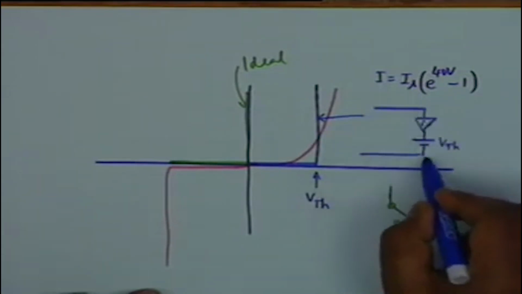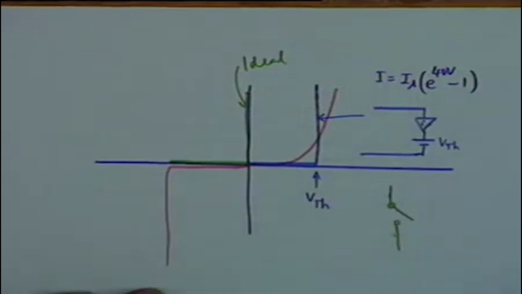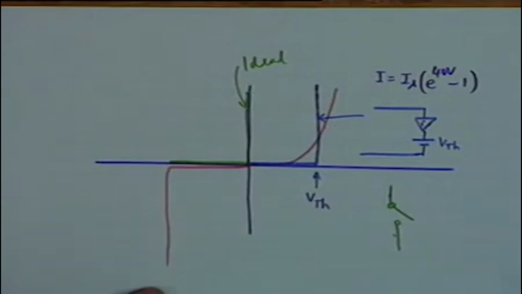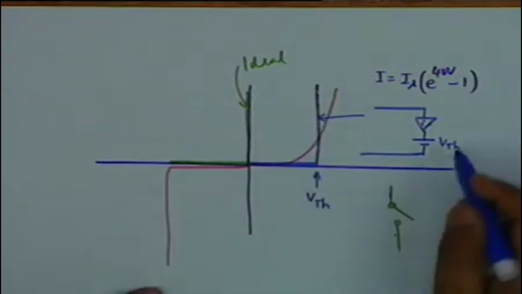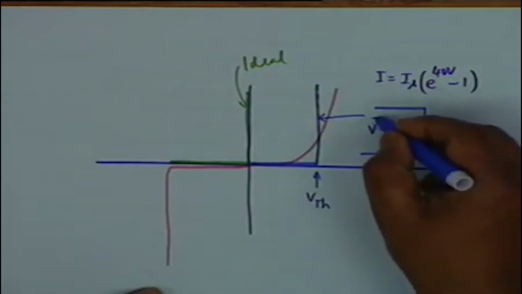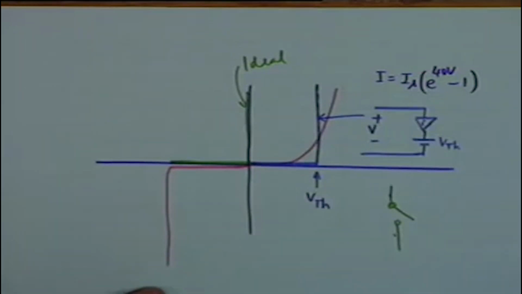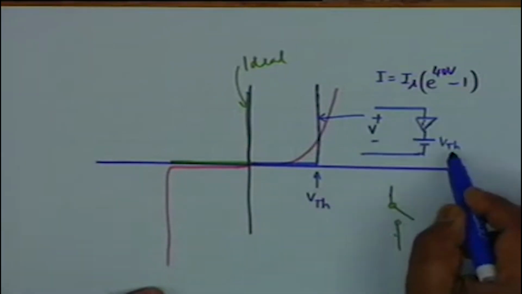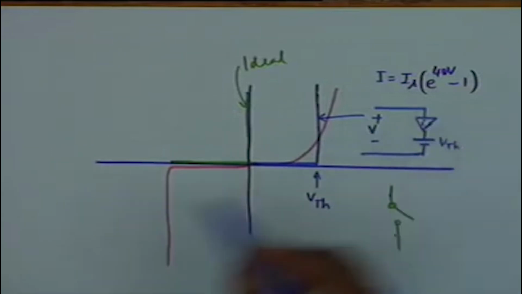This is the model for the non-ideal diode, non-idealness being only in terms of a threshold voltage. If the polarity is reversed, it does not conduct. This diode conducts only when V exceeds VTH, and once V exceeds VTH, the diode acts as a short.